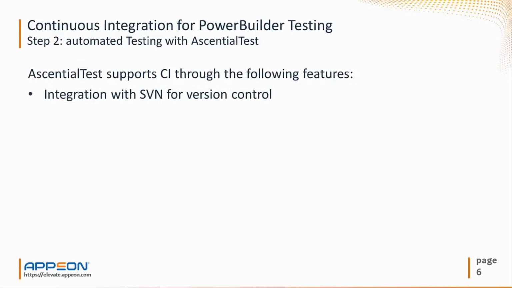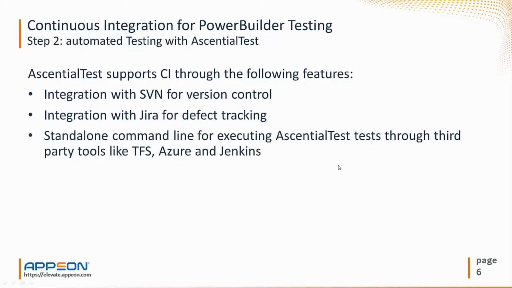Integration with SVN, or Subversion, for version control, integration with Jira for defect tracking, and a standalone command line for executing Essential Test tests and generating reports through third-party tools like TFS, Azure, and Jenkins.